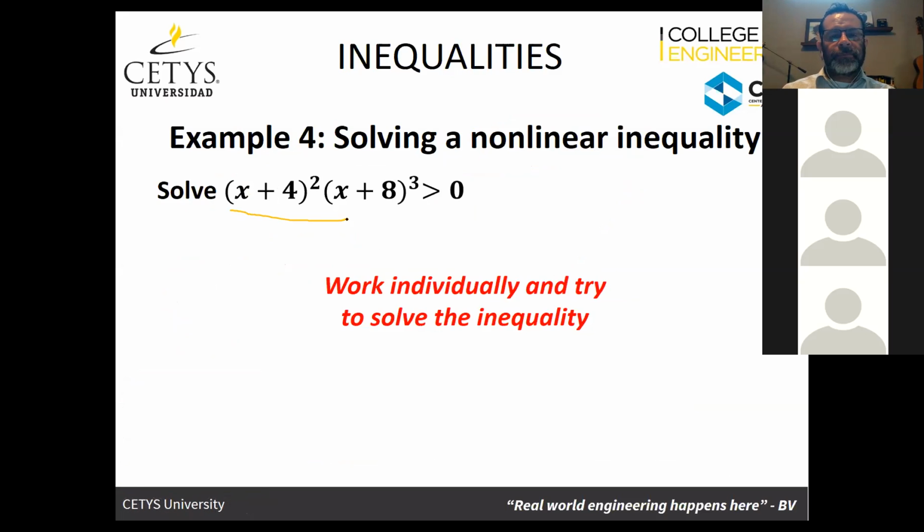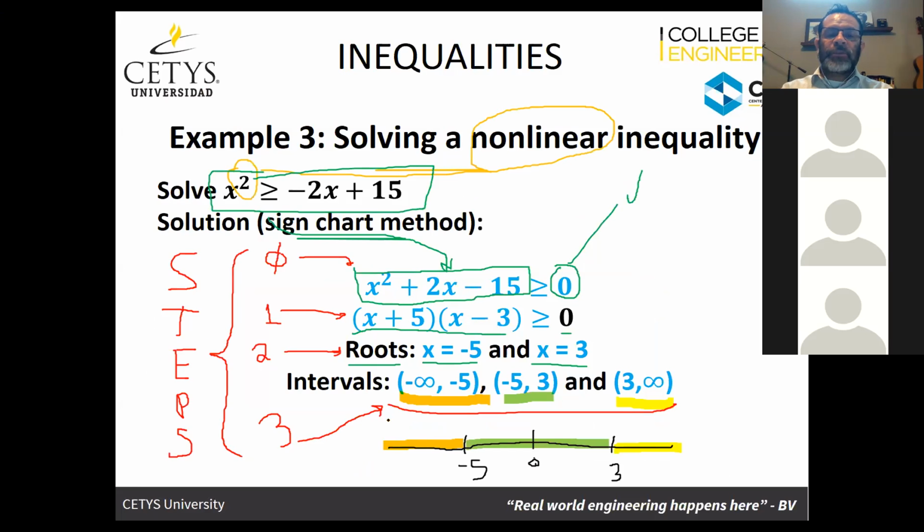Professor, in step 0, it will be x squared plus 8x plus 16 first. No, in step 0, I think it was Estrella, right? The only thing we need for step 0 is for the expression to be represented with regards to 0. Like in the last example, this was not the case.